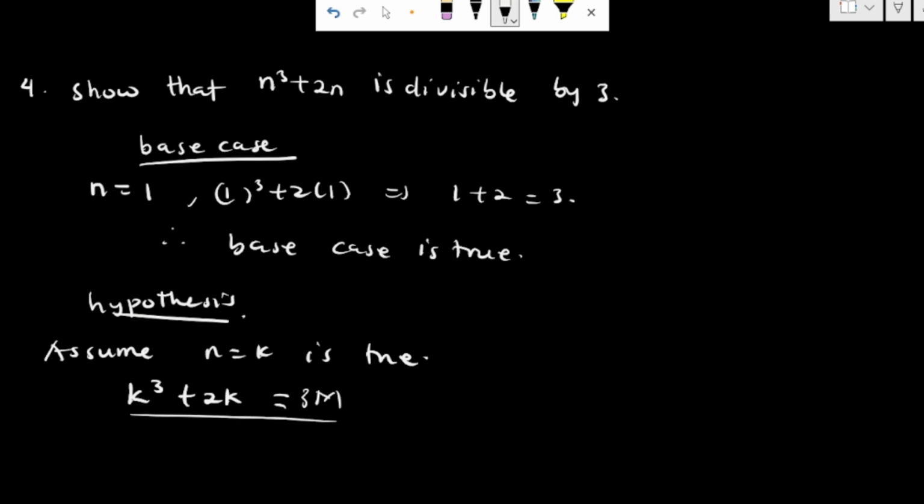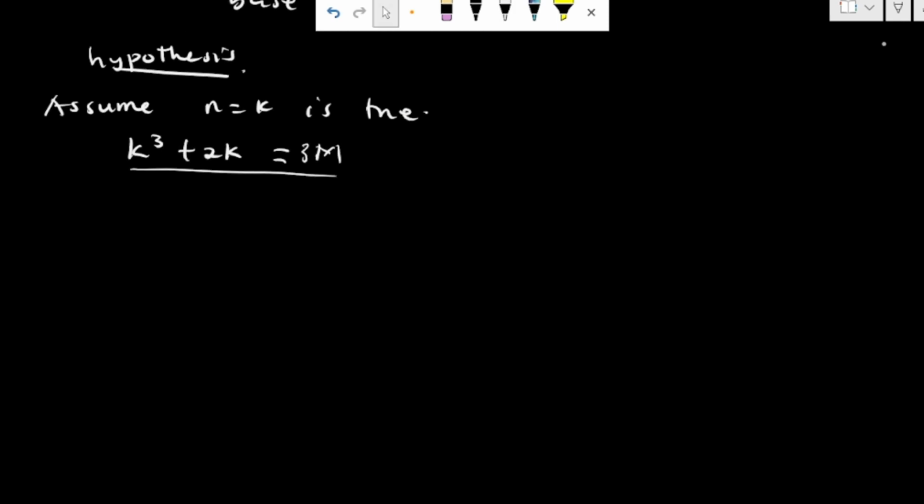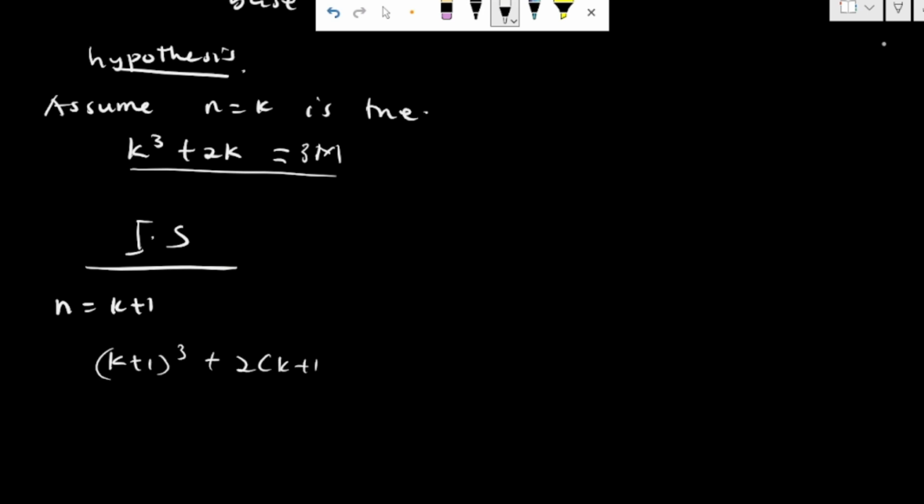So meaning this is true. Now let's continue with our inductive step. Our inductive step, we are going to show that n is equal to k plus 1 is true. So we are going to replace k with k plus 1: (k plus 1) cubed plus 2 multiplying (k plus 1), right? So this is the actual problem. This was just showing that this is divisible by 3.